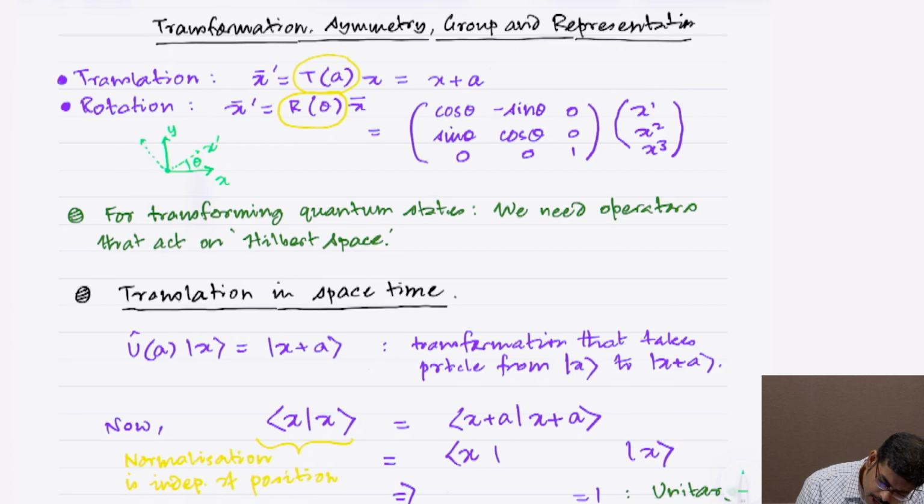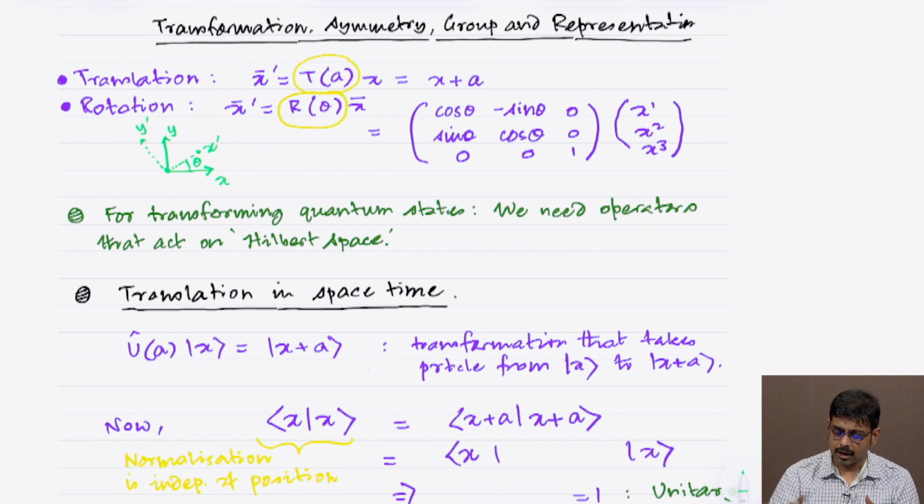This is precisely how you relate them: x prime is x cos theta minus y sin theta, and y prime is x sin theta plus y cos theta. This is essentially a rotation about the z axis.